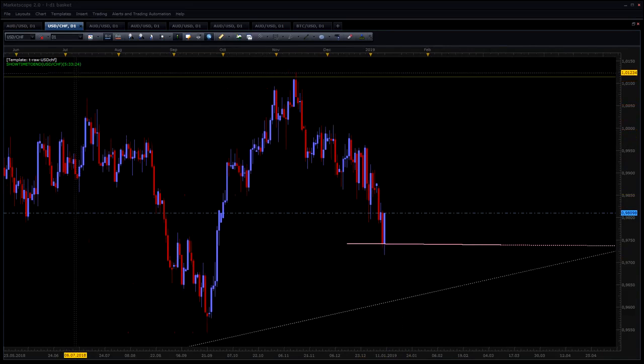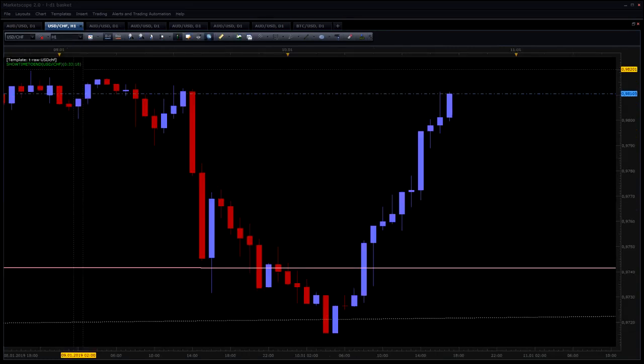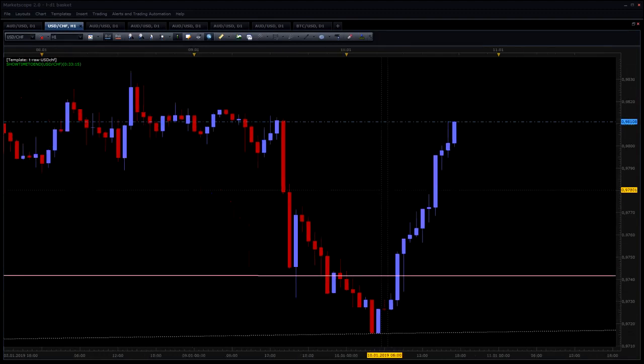You can always switch. So this is the larger time frame for the direction, and you would move to an hourly time frame.